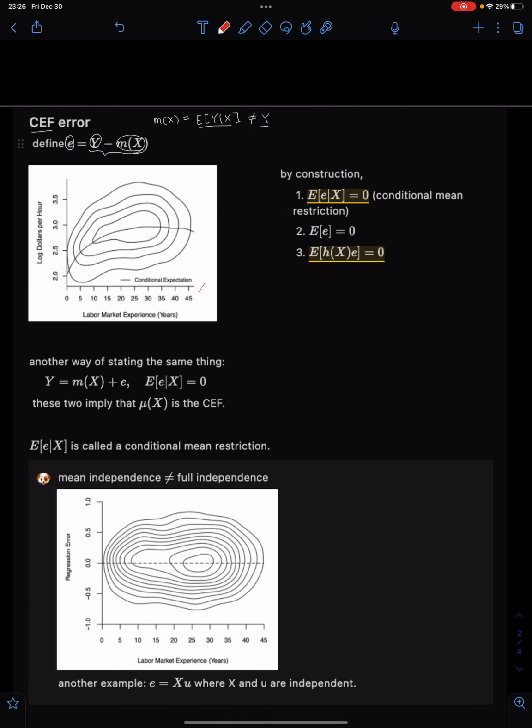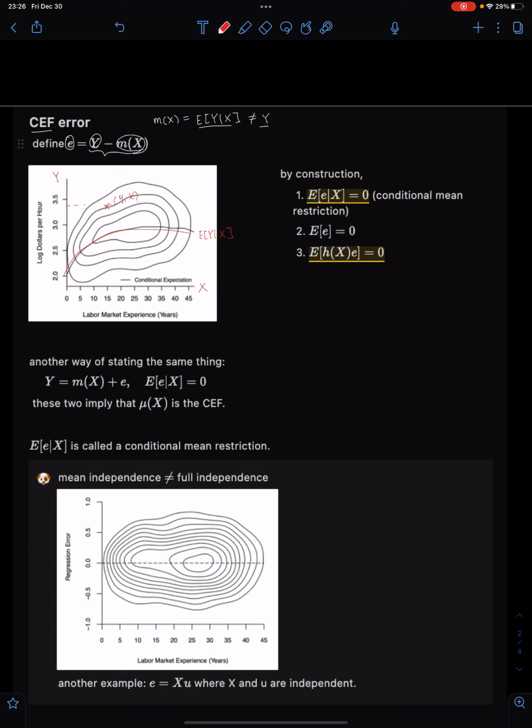Graphically, again, suppose that you have x as your labor market experience and y as your log wage. Remember, this curve represents the conditional expectation of y given x. Now suppose that this is your data, with y and x.